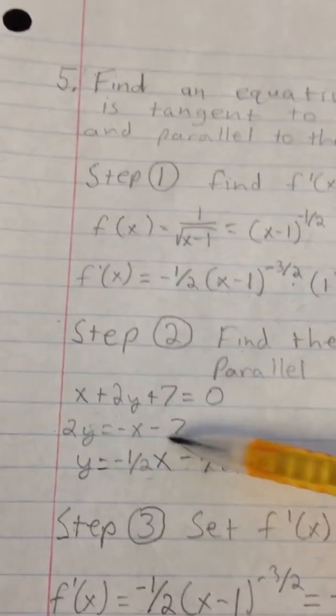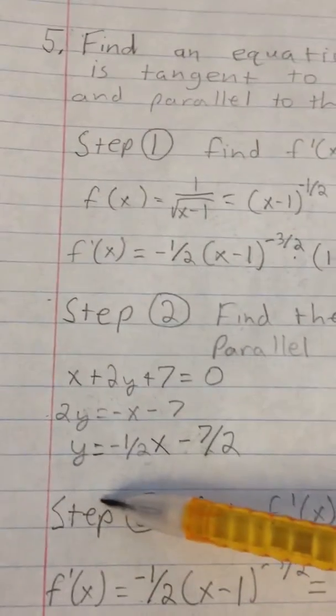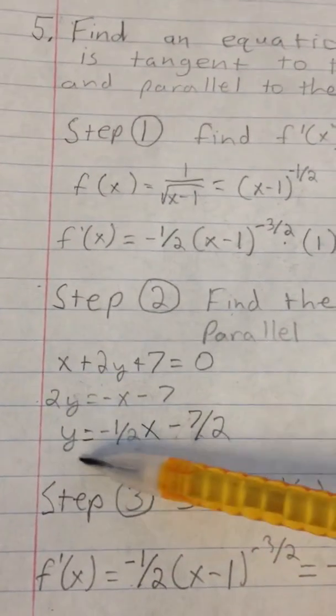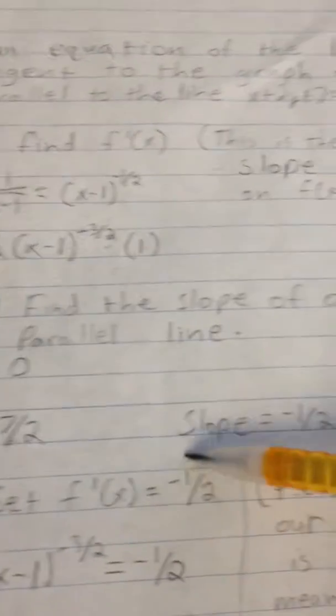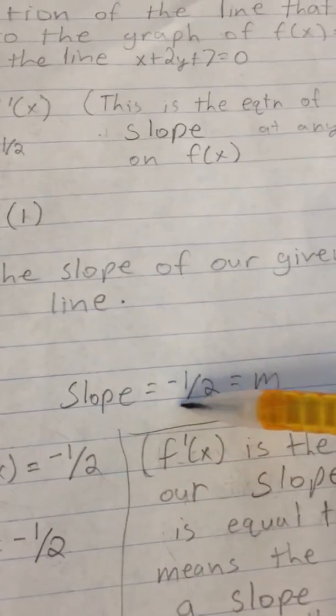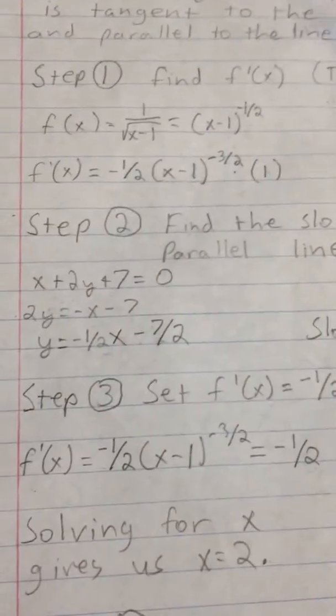Subtracting x and 7 from both sides, you get 2y equals negative x minus 7. Then you divide both sides by 2, and you get y equals negative 1/2 x minus 7/2. And what that negative 1/2 means, that's the number we were looking for, that's our slope. Our slope equals negative 1/2, and that's going to be our m for our line equation later on.